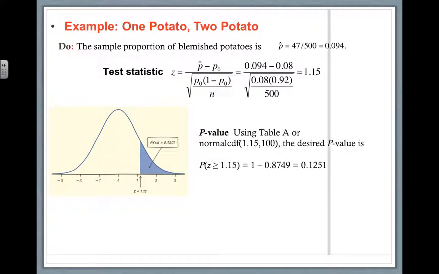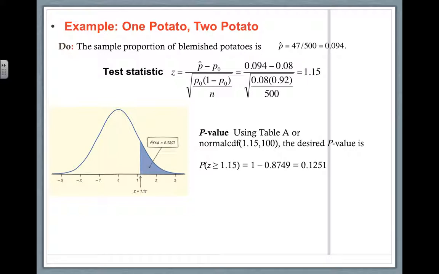I'm then going to use either table A, but you're not going to use table A, or your calculator, which is a much more logical thing to do. You're going to sketch the graph, put down a few standard deviations, show where you're looking to shade to find the probability, and then you could put normalcdf, 1.15 to 100 or 1,000 or 999, as I do often.